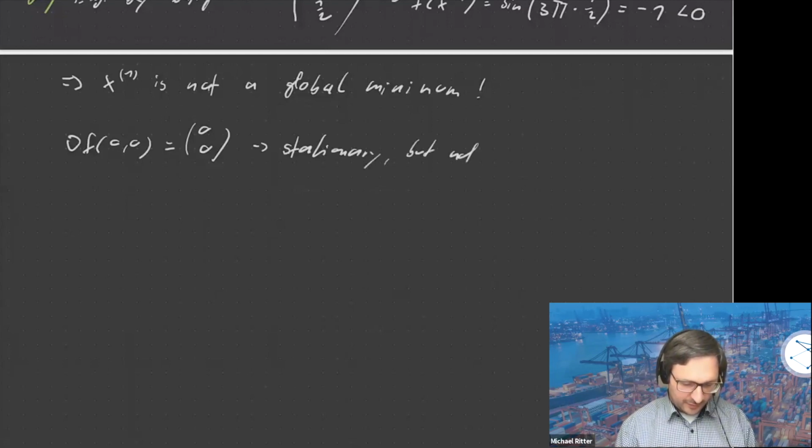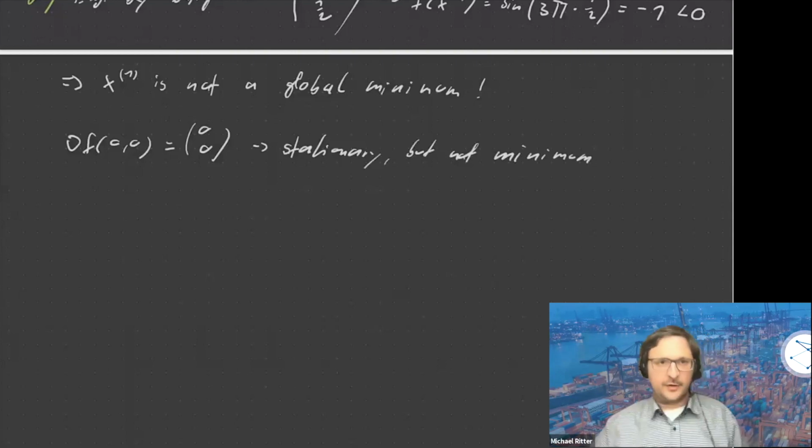But it's not a minimum. And not a maximum either. Yeah, not even a local one. Okay, so the gradient being 0 is not a sufficient condition for the point that you have being a local minimum or maximum, and certainly not for it being a global minimum or maximum.